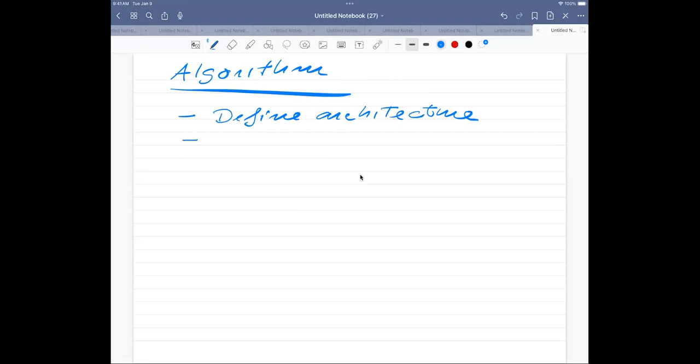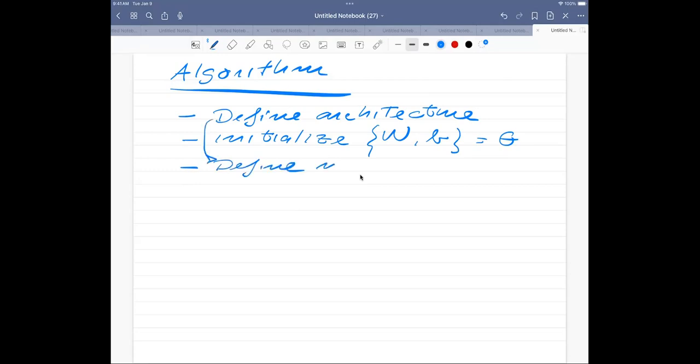You need to initialize the parameters W and B, which we have collected in a container called theta. When I say define the architecture, that means you need to define nodes, hidden layers, plus activation functions.